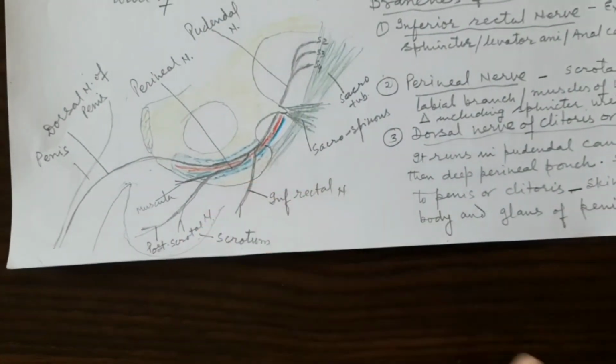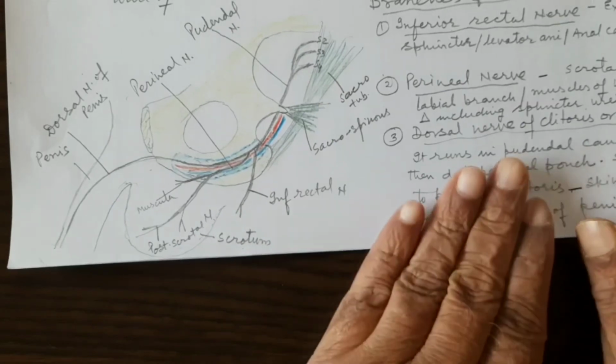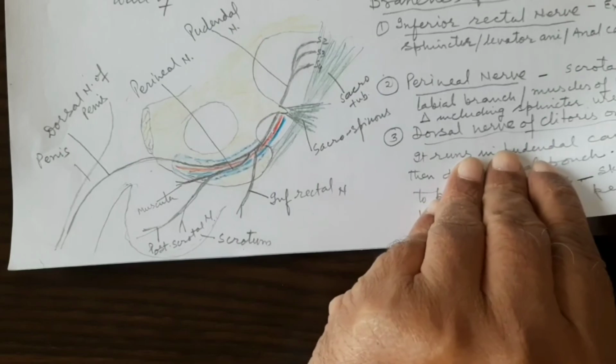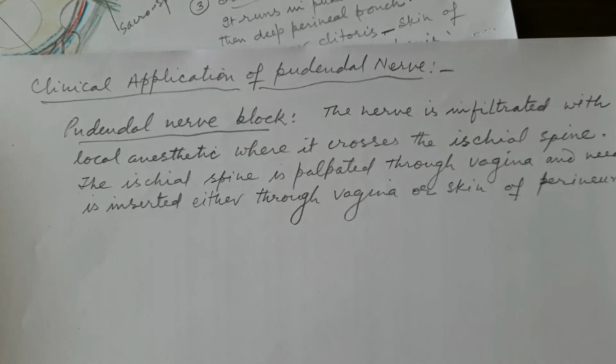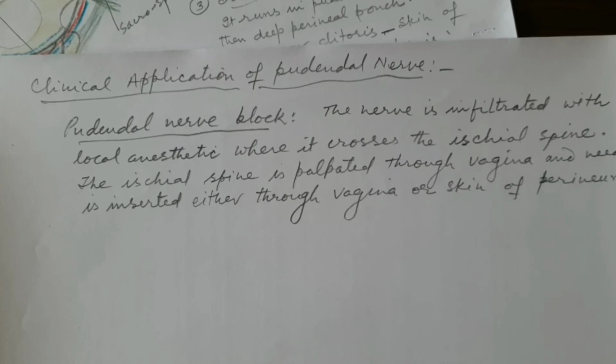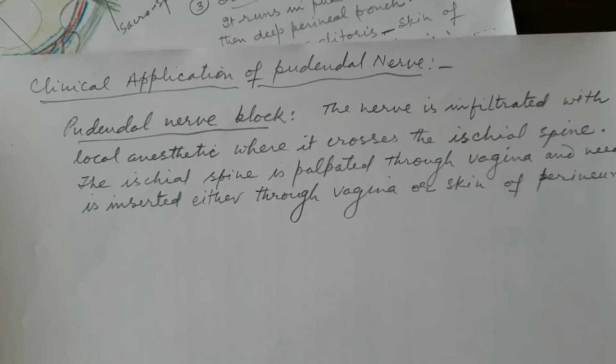Now I said at the beginning that this pudendal nerve is clinically important, and this is the nerve which supplies the lower perineum, and hence this nerve has to be anesthetized when a surgeon is doing some surgery in the posterior half of the scrotum or posterior two-thirds of the scrotum or around the anal opening.